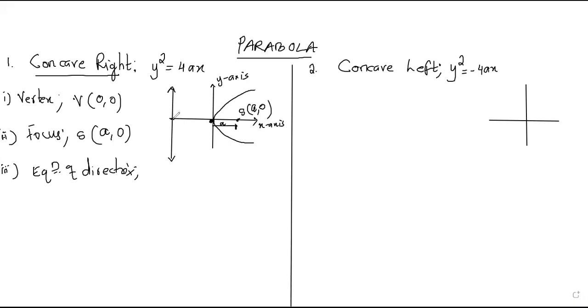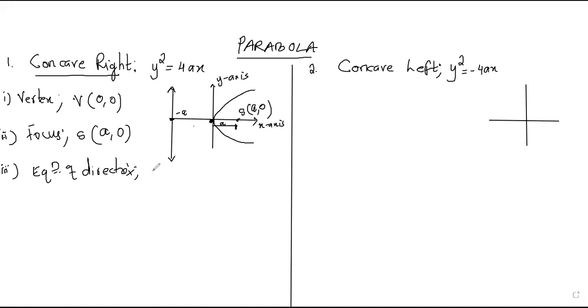Any point you get is at negative a, comma 0. You can write this one as negative a. Now, when you write the equation of the directrix, this directrix is intersecting the x-axis. Did you see that one? Yes, sir. It is intersecting the x-axis.